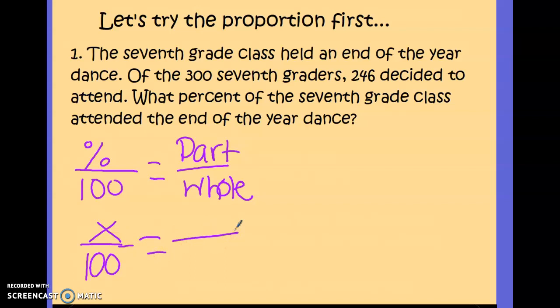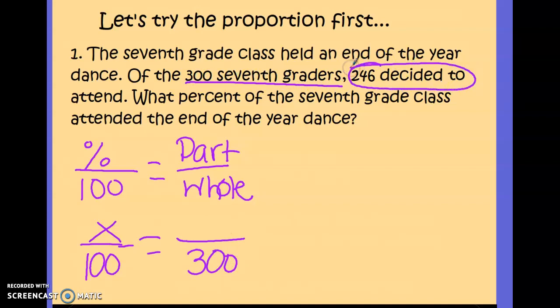It says that there are a total of 300 students. That's our whole, so 300 goes in the whole. And 246 decided to attend, so 246 is our part. So we set this up: part over whole is equal to X over 100.